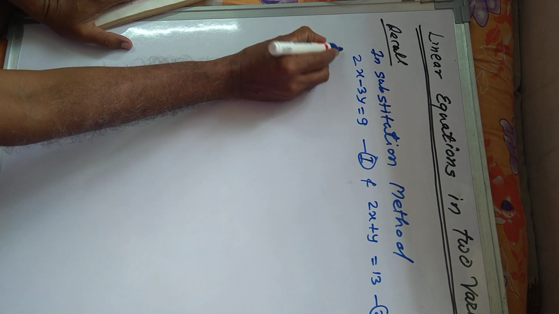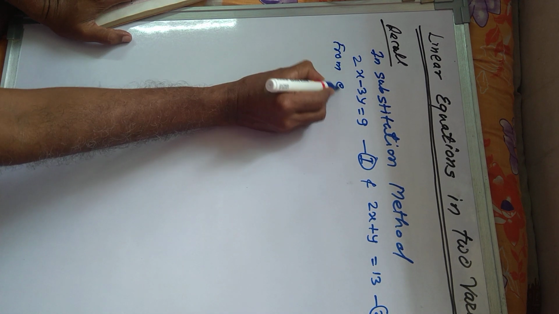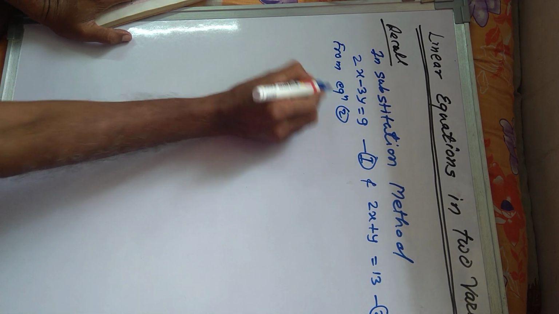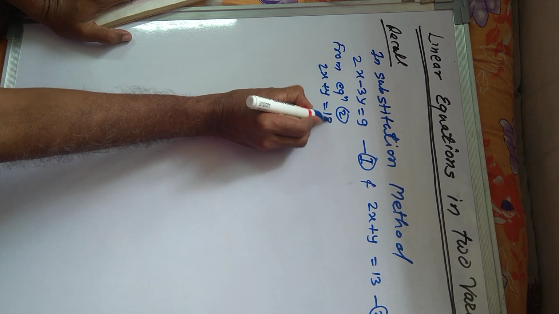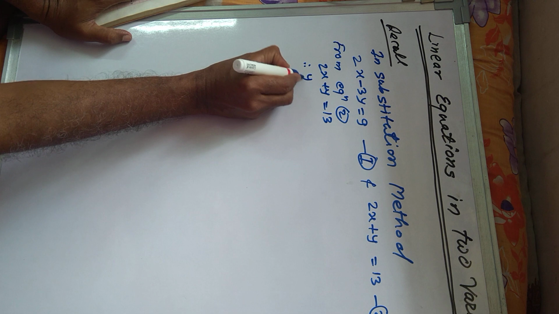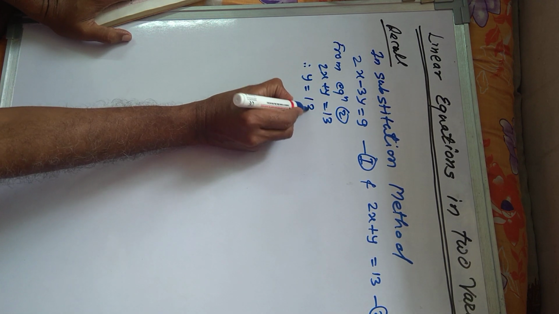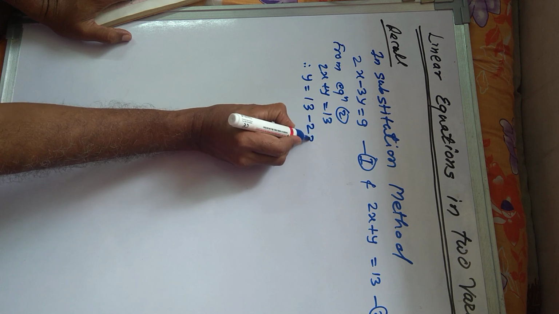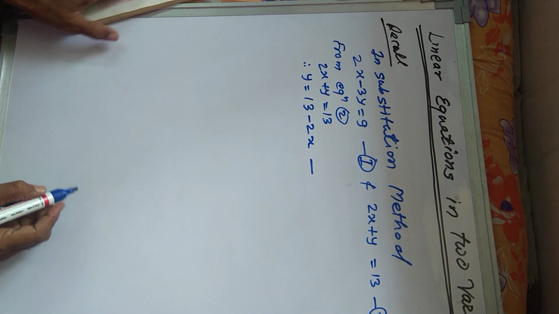From equation 2, 2x plus y is equal to 13. Hence, taking 2x to the other side, y is equal to 13 minus 2x. This is the third equation.